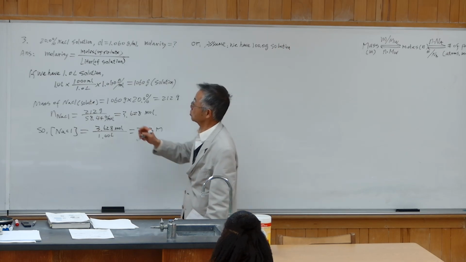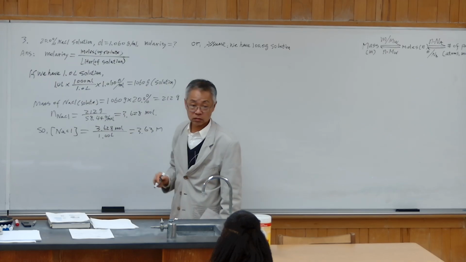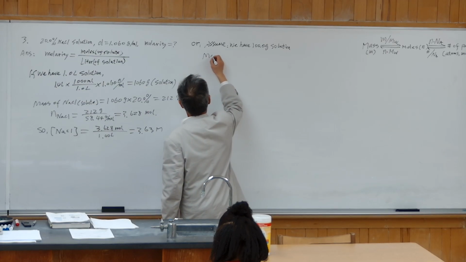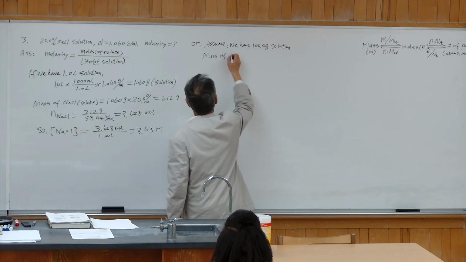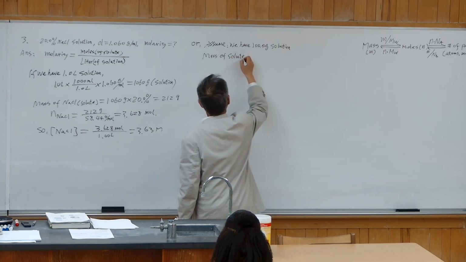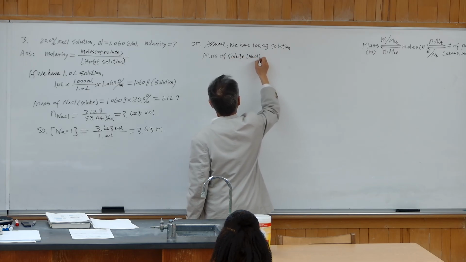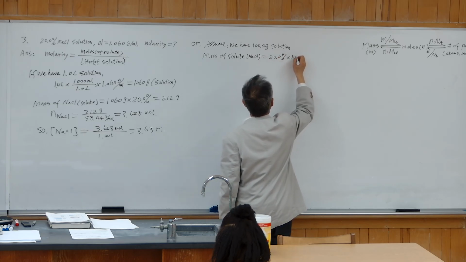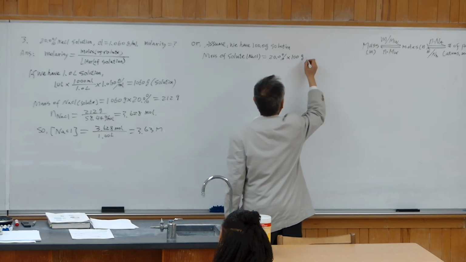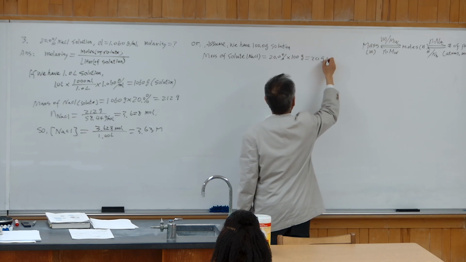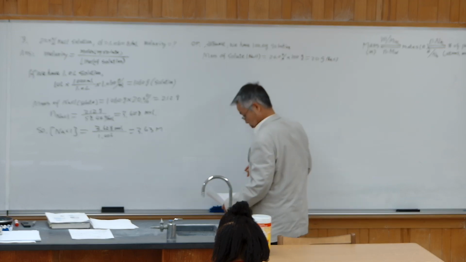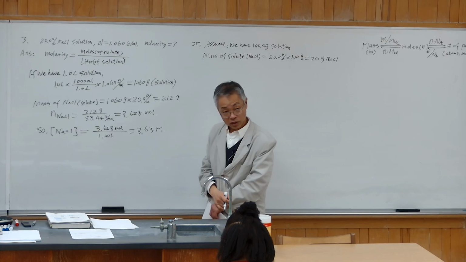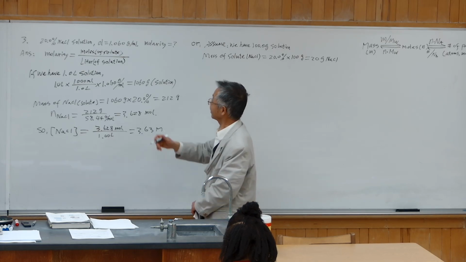With 100 gram solution at 20%, we can get the mass of solute: 20% times 100 grams is 20 grams. Then the 20 grams we can convert to moles, because we need moles.